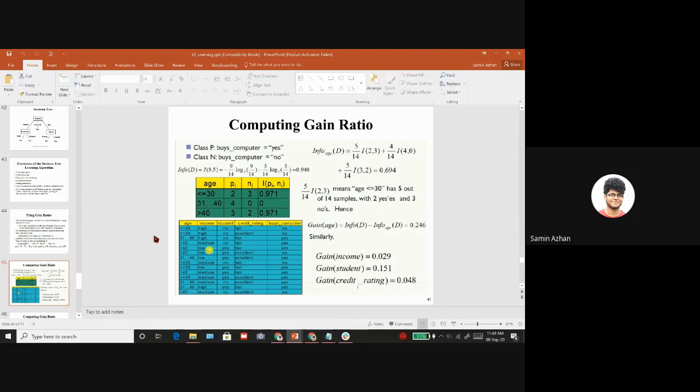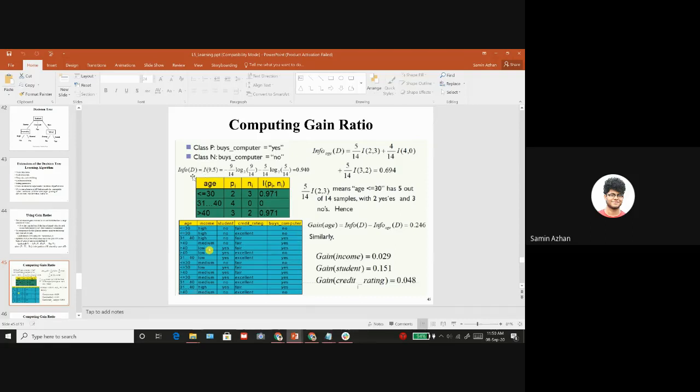So based on age, income, student, and credit rating, we have to determine if the person will buy a computer or not. So at the very beginning, we have to calculate the entropy of the decision, which is buys computer. Out of 14, there are 5 no's and 9 yeses.